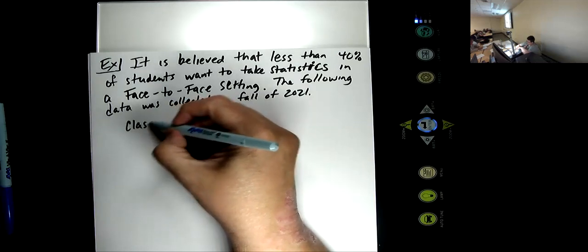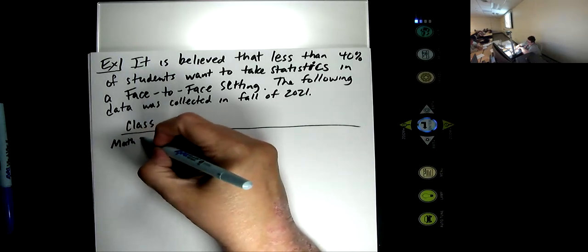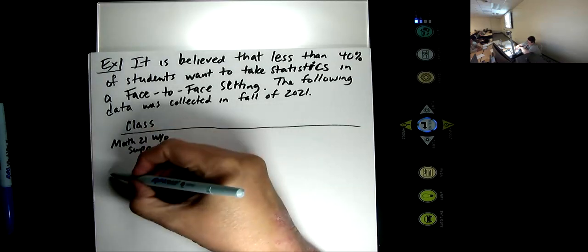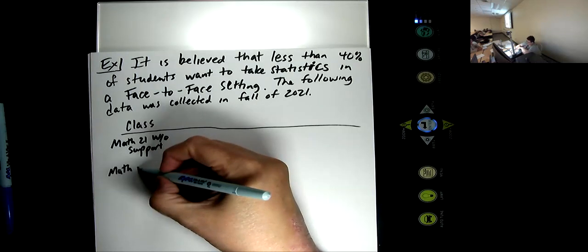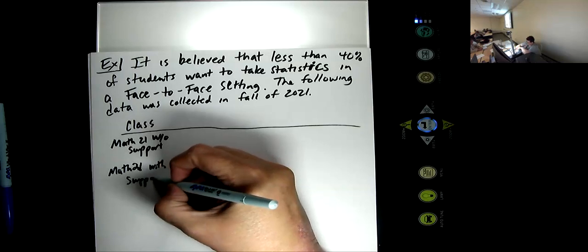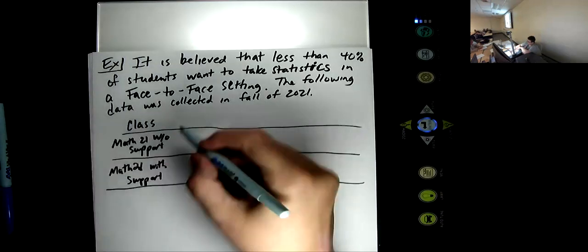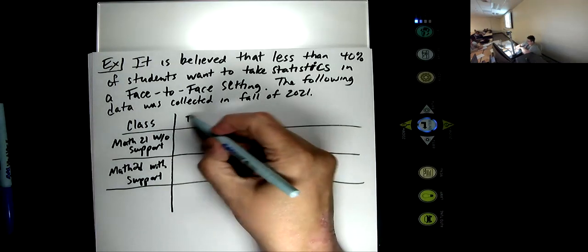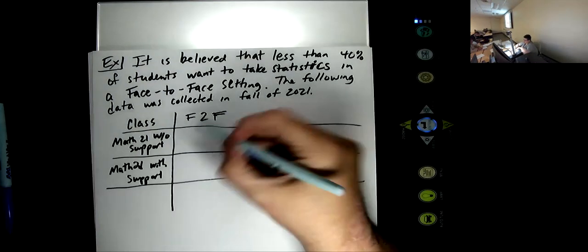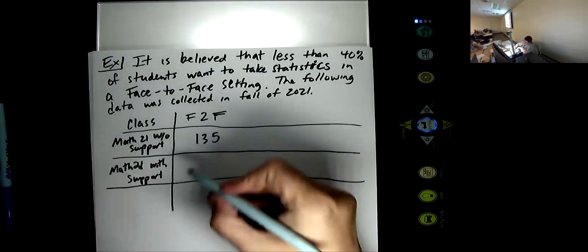We recorded what type of class it was, whether it was Math 21 without support or Math 21 with support. Face to face: 135 for without support, and 254 for with support.